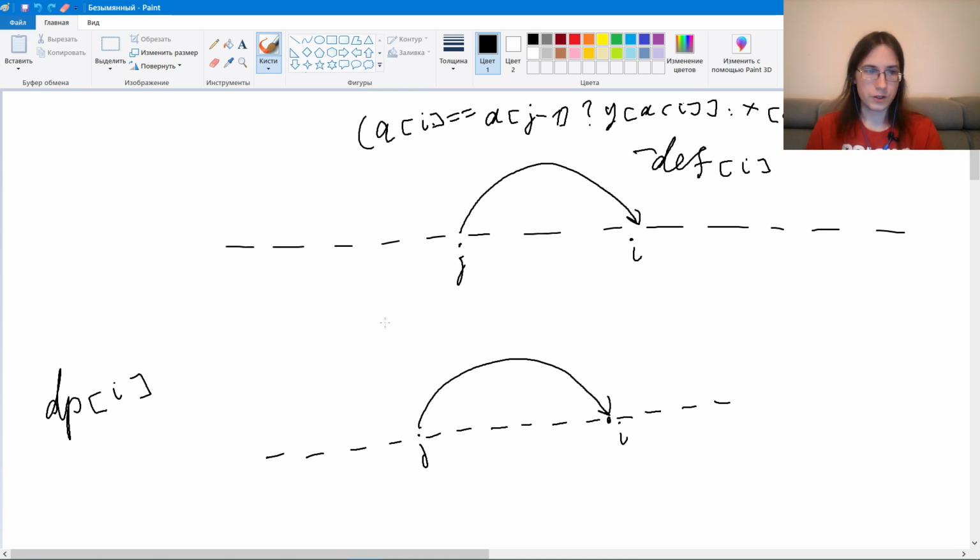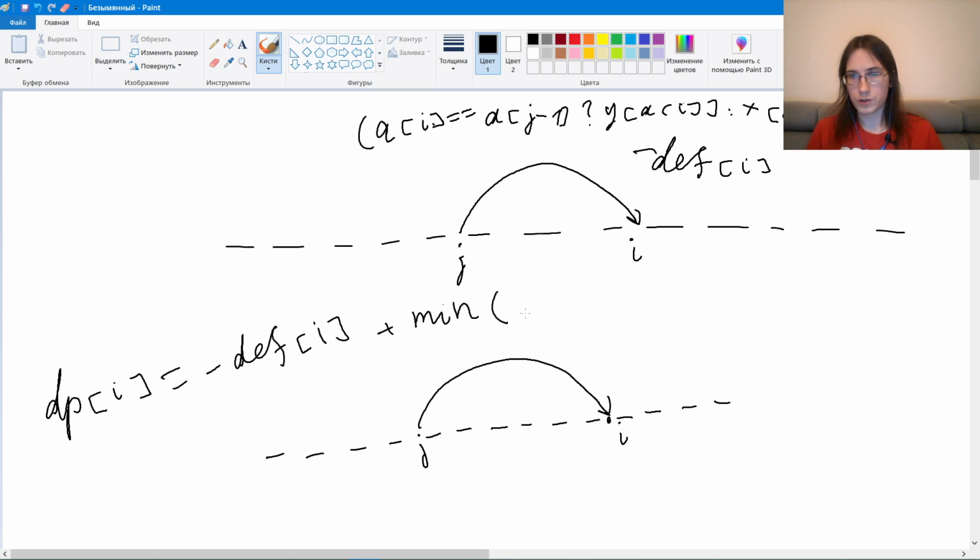So dp i is negative default of a i, default of i, plus the best of two options. One option is to jump from any j smaller than i, of course, and pay the full price x of a i for this element i.